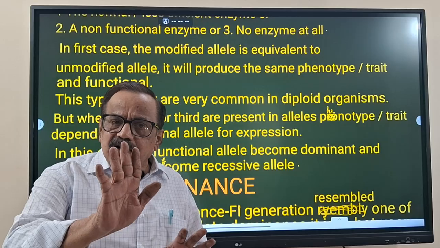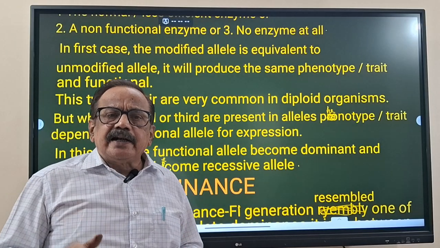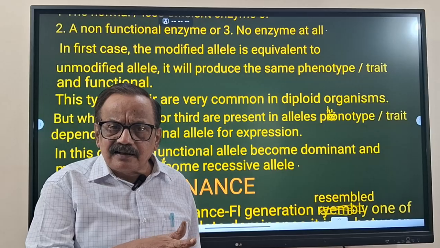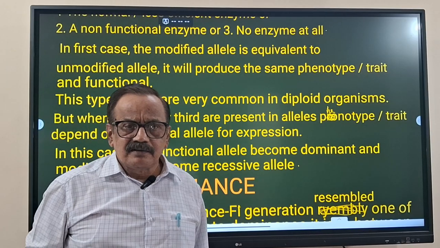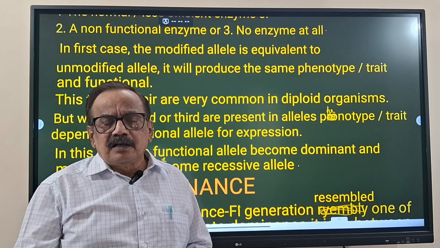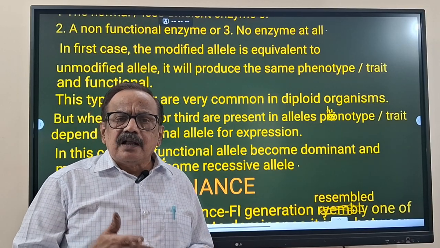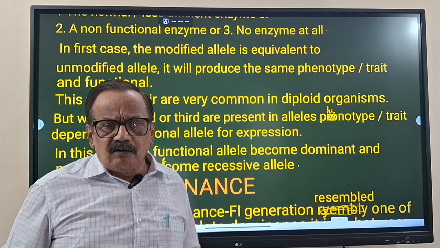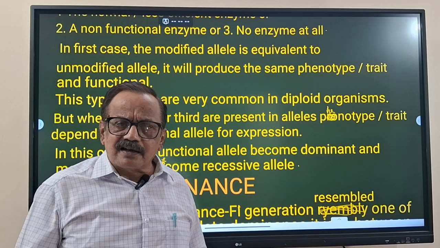Just for example, I am telling. Will it be expressed or not? One of the alleles is functional, so it will express, either tall or short, or the blood group. If you see A, B, or homozygous O, that is the condition.